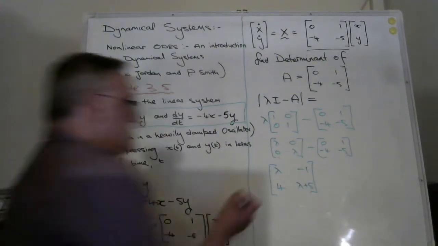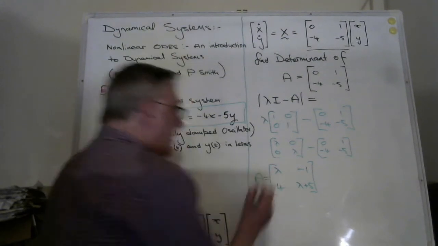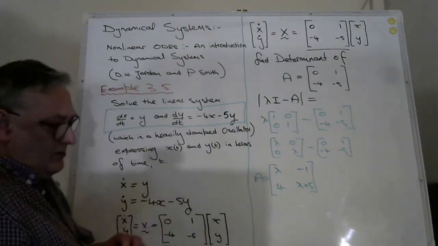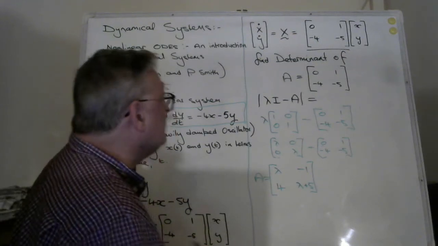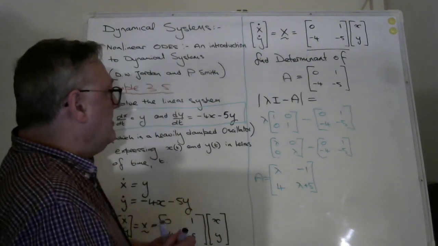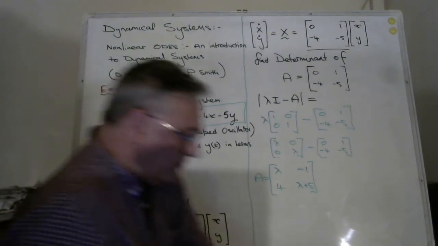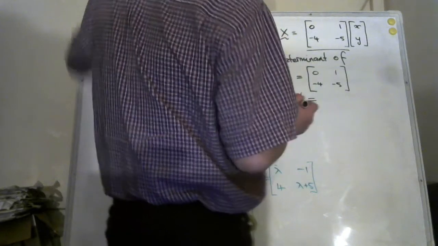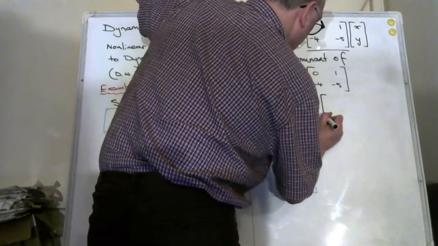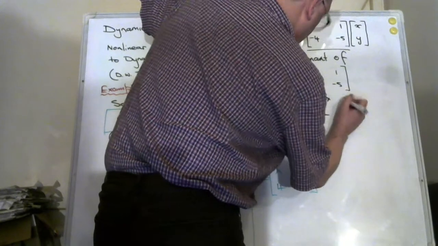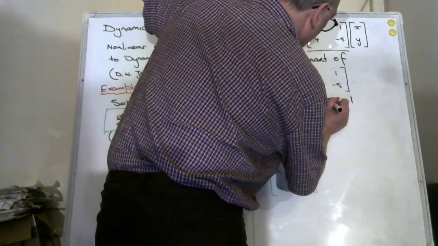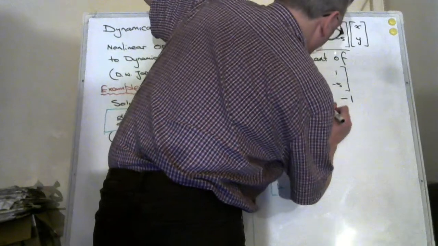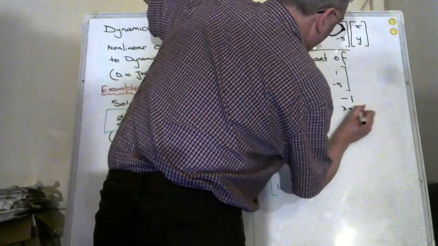Now that is the matrix lambda I minus A. I'll just write that on there for now, but I'm going to rub it out because we're going to rewrite it on this line above. So we've got lambda, minus 1, 4, and lambda plus 5.